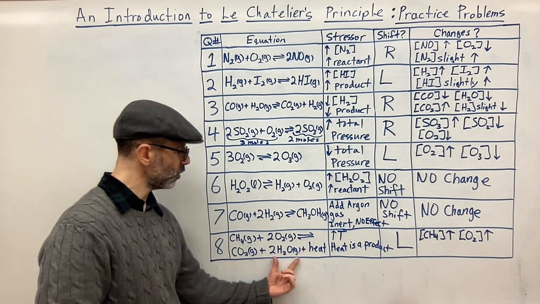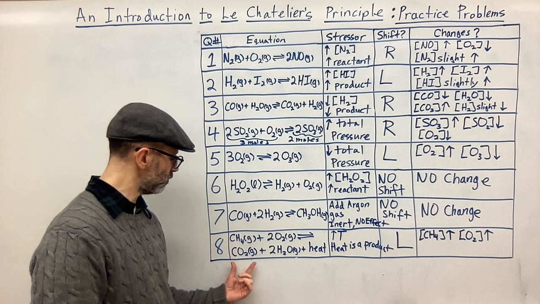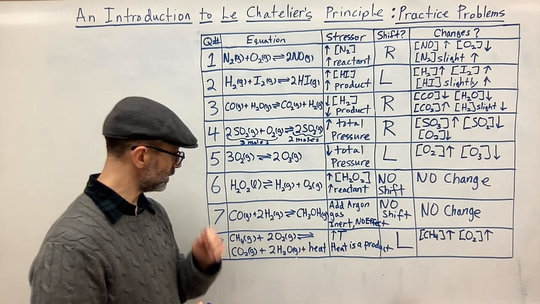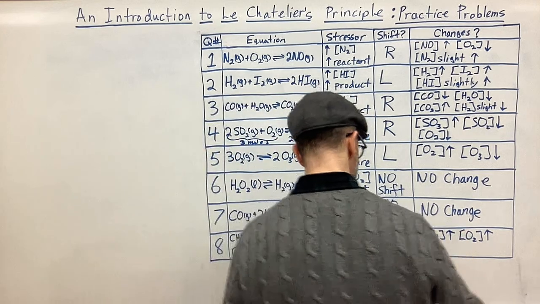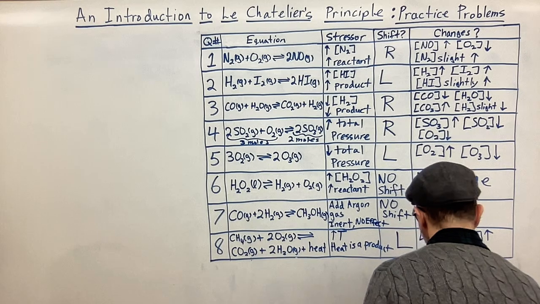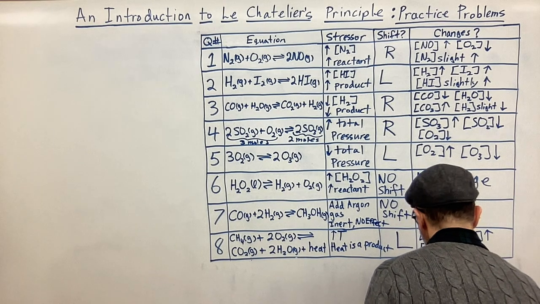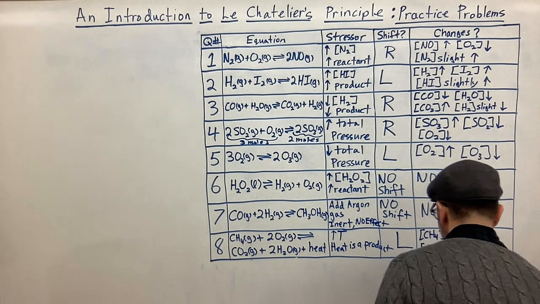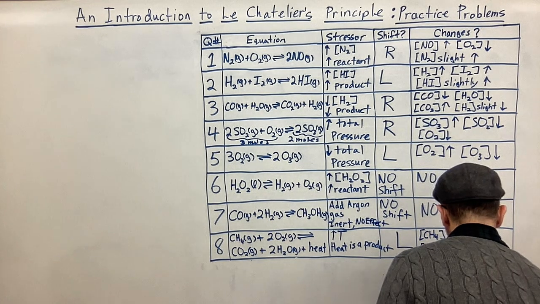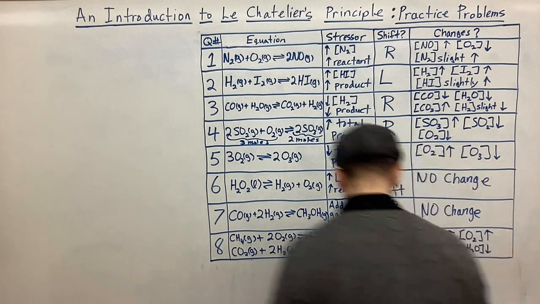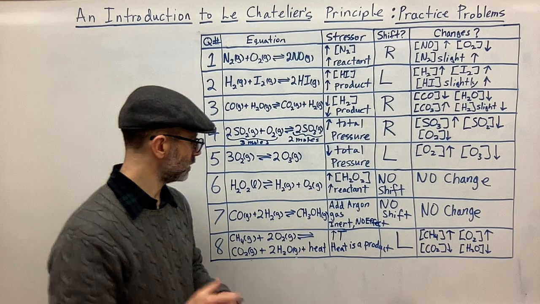Well, the products are going to decrease. So our concentration of CO2 and H2O decreases. Okay. And so here we have CO2 that's going to decrease, and our H2O is also going to decrease.